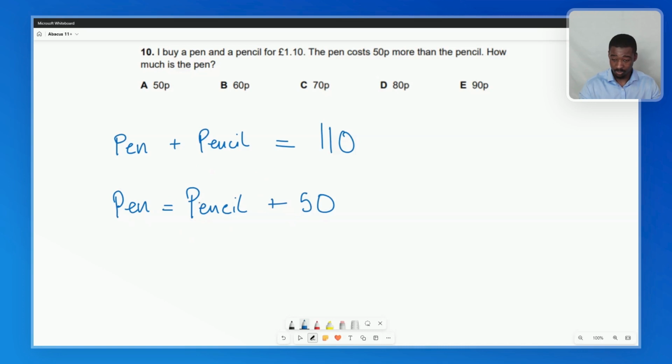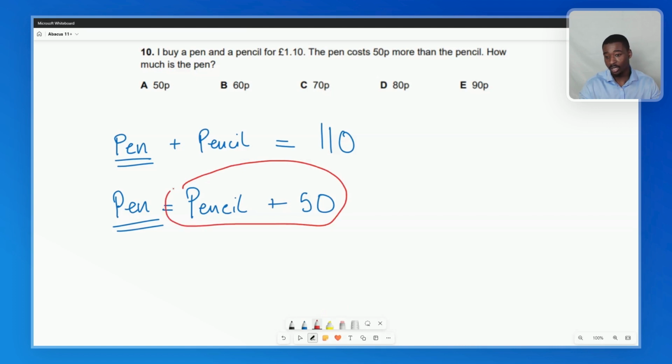This is some more advanced maths, but now we can use substitution. And that simply means understand that we have pen here and we also have pen here. So we can substitute what we know about pen here and chuck it over here. And doing this will help us to understand what the pencil is. So let's do it for real so we can see what's going on here.